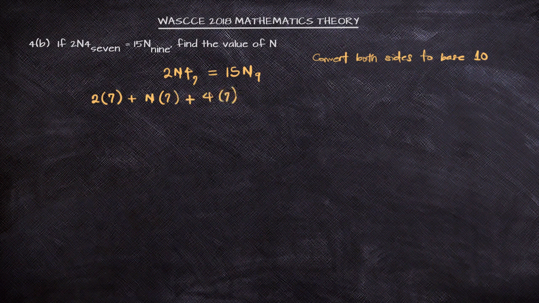So here 7 to the power 0, 1, 2, and the same thing we also do to the right hand side. 1 multiplied by 9, 5 multiplied by 9, n multiplied by 9, with the powers of 9 being 2, 1, 0. Now, this will automatically help us to solve this type of question.